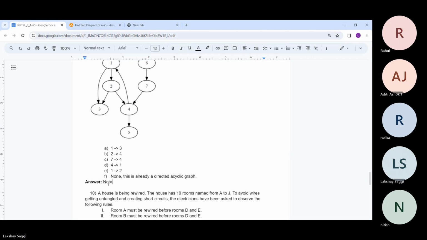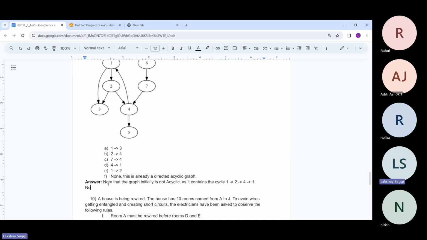So note that the graph initially is not acyclic, as it contains the cycle 1 to 2 to 4 to 1. Now note that this is also the only cycle in this graph, at least.